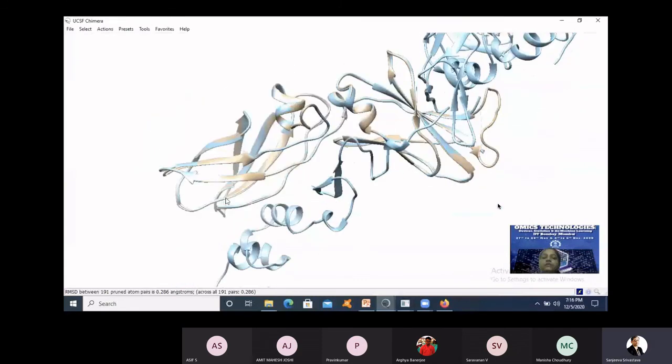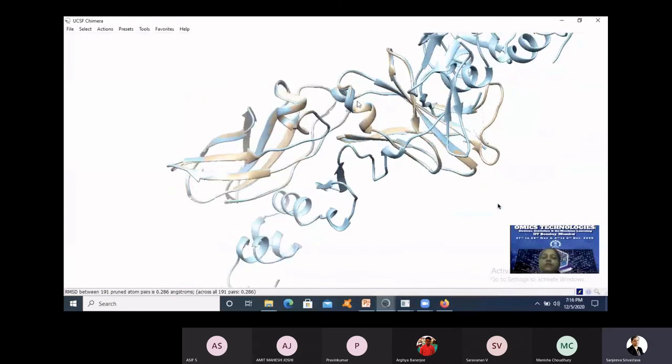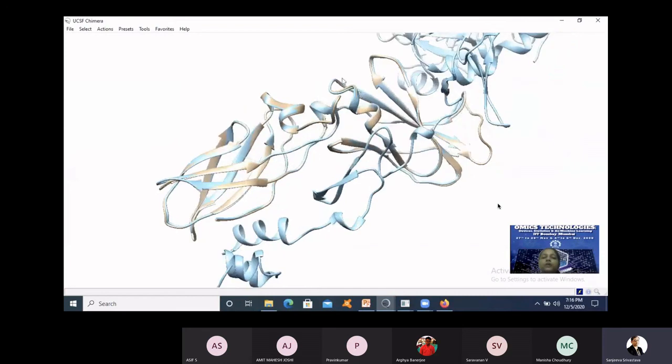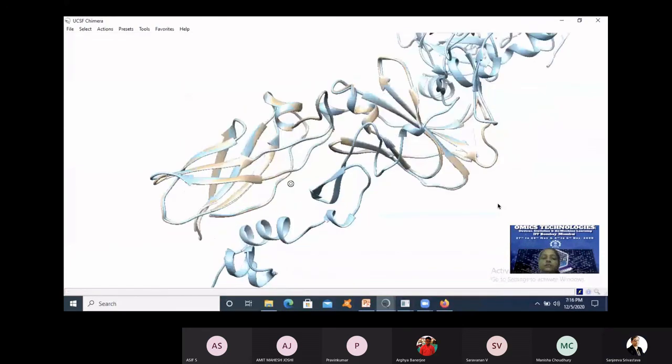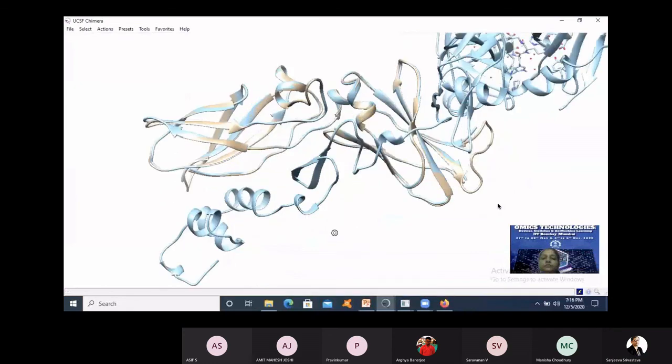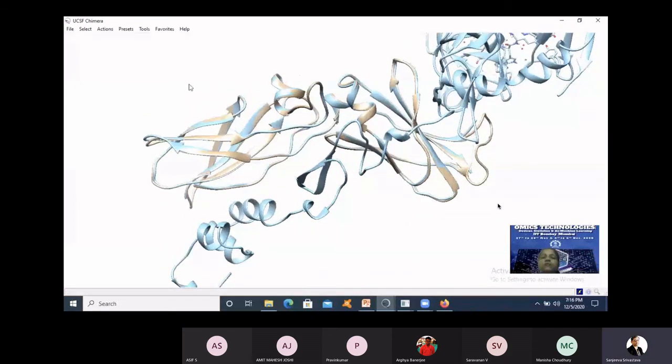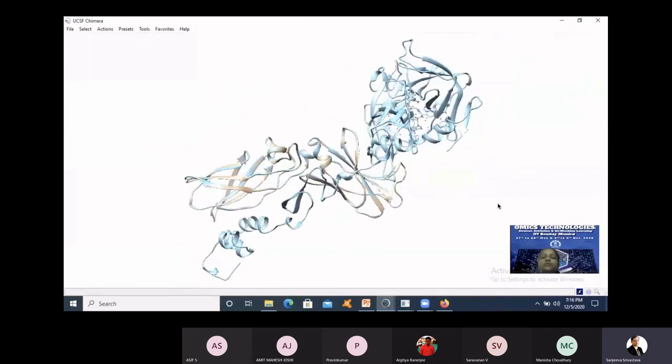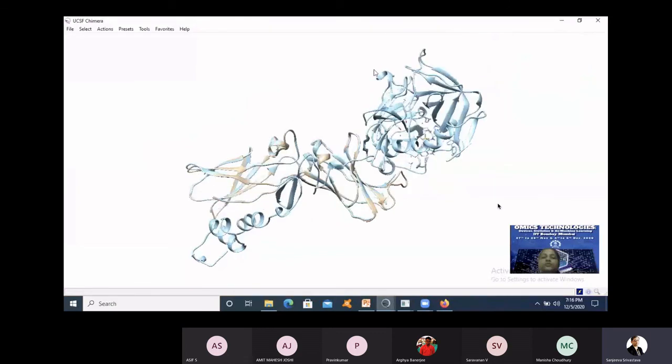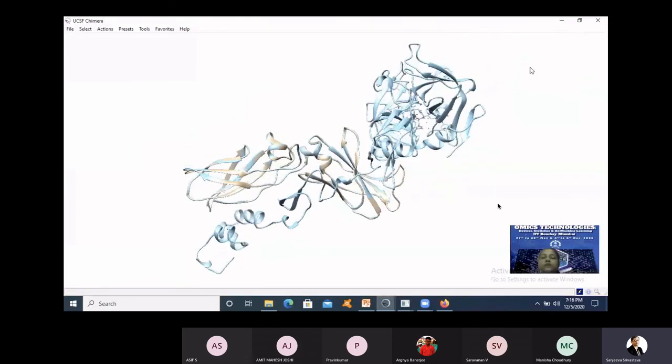So now you can see here that the two proteins have overlapped. You can see this is the light chain and the tissue factor of the complex, and the tissue factor which we later uploaded here. So both have overlapped. This is how superimpositions of structures can be done using Chimera.